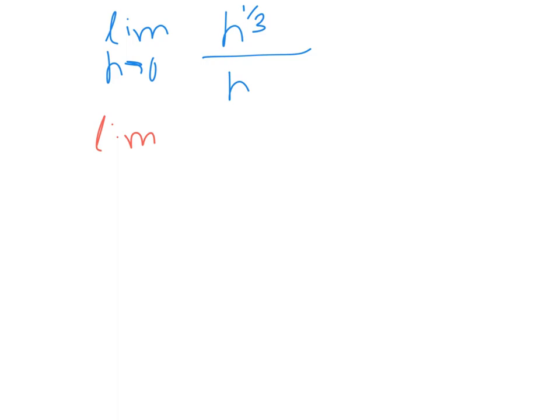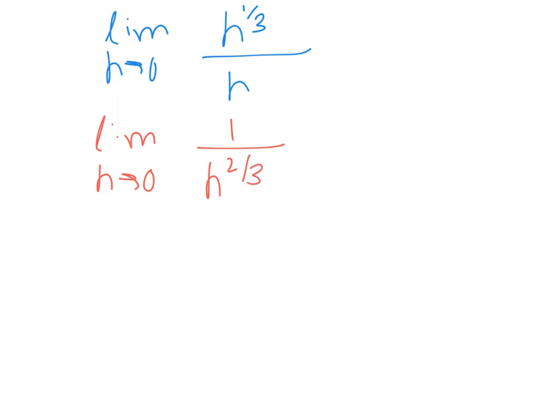So continuing the work here, we know what f of h is. We're looking at the limit as h goes to 0. So f of h is just h to the 1/3 power over h. I'm going to rewrite that one more time using the properties of exponents. This would be the limit as h goes to 0 of 1 over h to the 2/3.